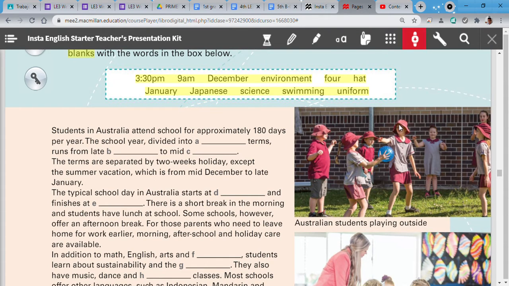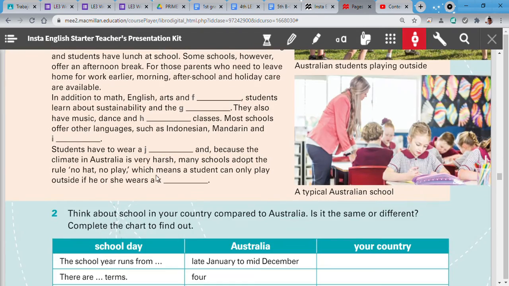Now this is a hat, yeah? No hat, no play. Because in Australia, the climate is very hard, no? The sun burns a lot and it is called harsh. Harsh, what is that? Let me see. Here, it's very harsh.